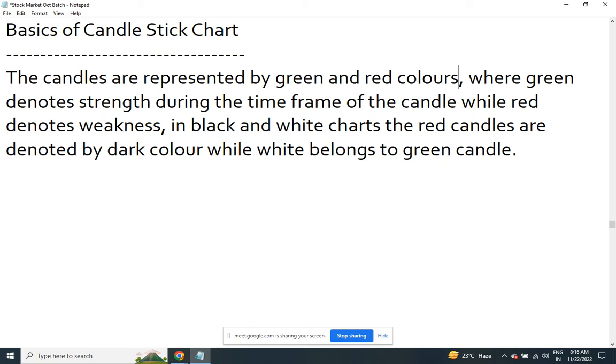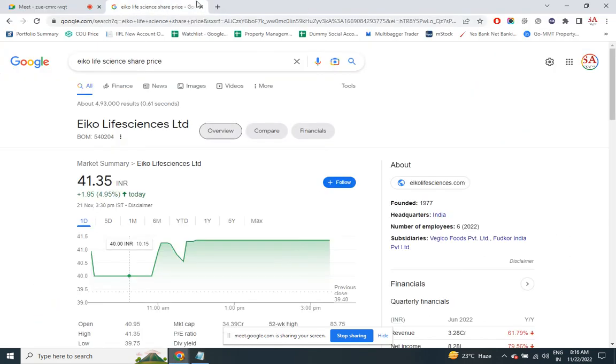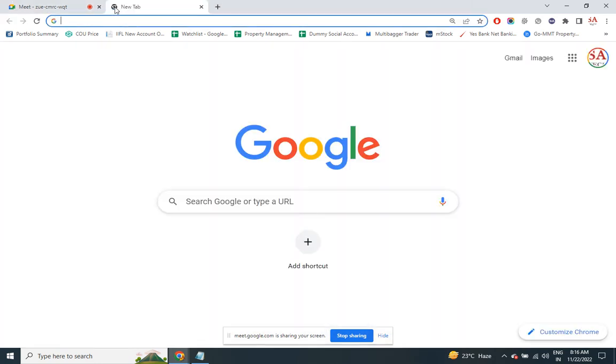Alright, so basics of candlestick charts. You are going to find these candles in two colors, red and green. So red denotes weakness, selling pressure on the candle, while green denotes strength, buying pressure on the candle. But how exactly do we know that it is strength or weakness? That also we will know. Just give some time. We'll be discussing the markings of the candle.